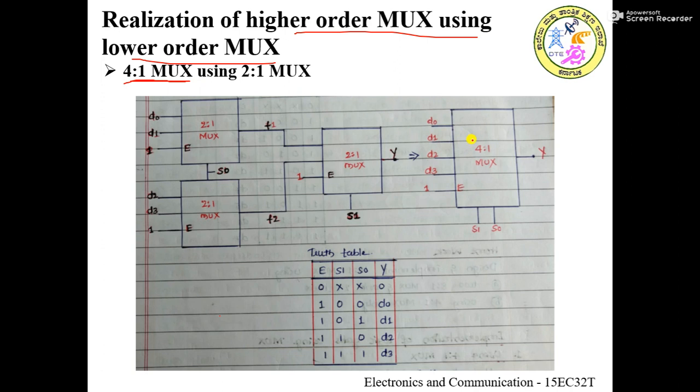Here you can see, a 4:1 mux will have 4 inputs, D0, D1, D2 and D3, and in order to select any one among these 4 inputs, we have 2 select lines, designated as S1 and S0.